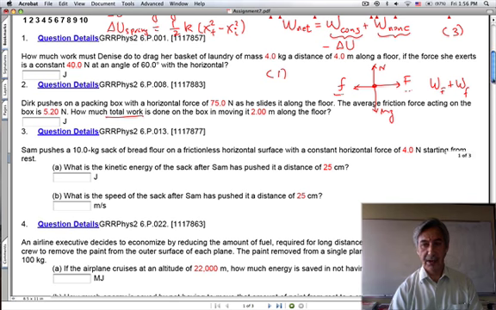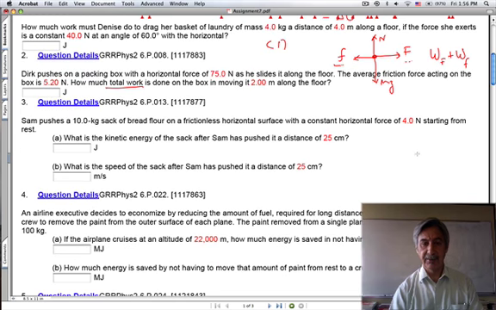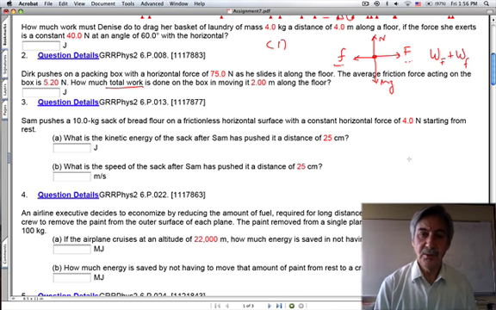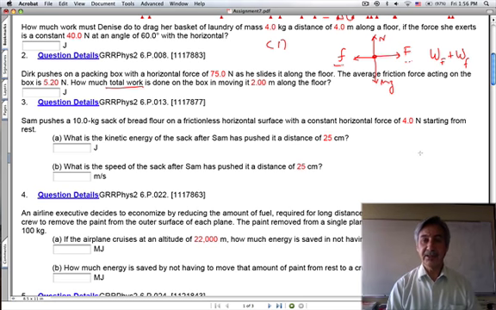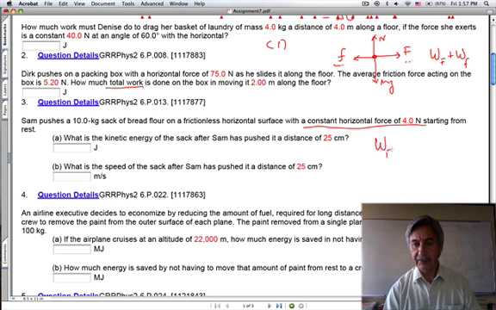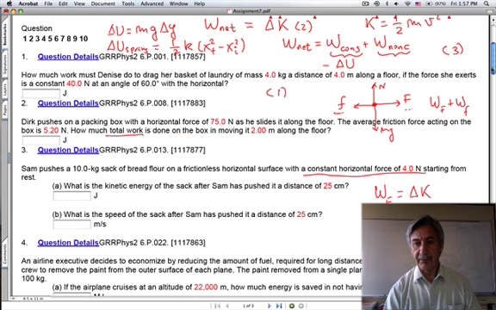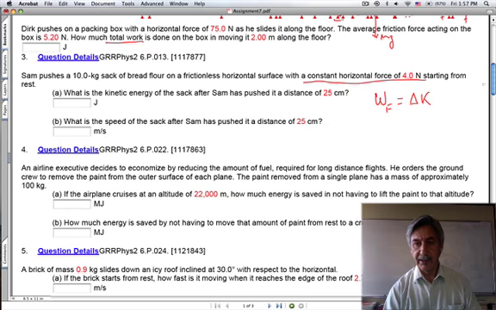On number 3, you have a frictionless surface, and the only force acting is this constant horizontal force, and the work done by that force is the change in kinetic energy of the object. So now we go to equation number 2.